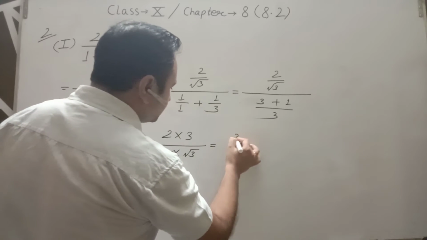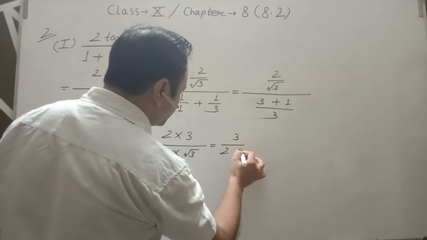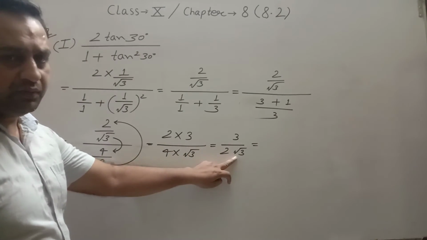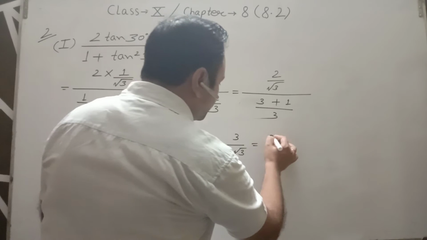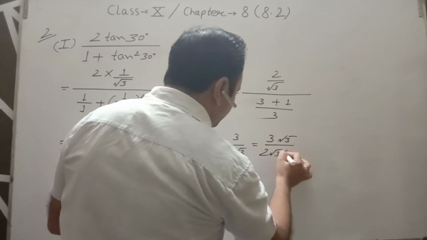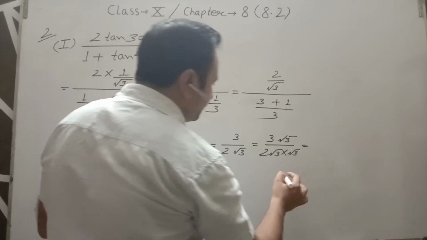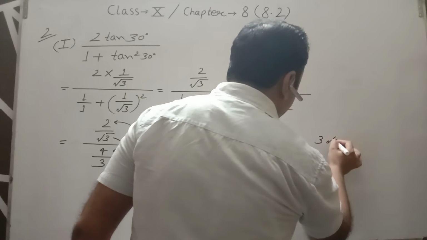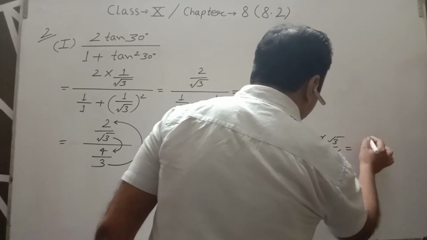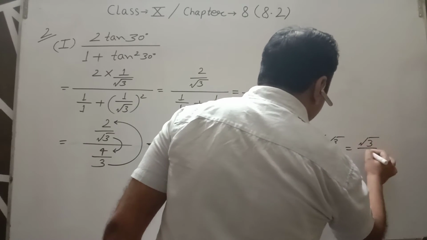So we obtain 3 upon 2 under root 3. Now to rationalize the denominator, we multiply by root 3 in numerator and denominator both. So the value we obtained is 3 under root 3 upon 2 multiplied by 3, 3 and 3 cancel out, and the value we obtained is under root 3 by 2.